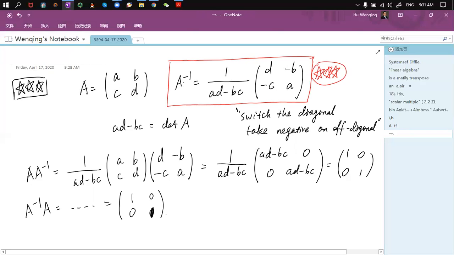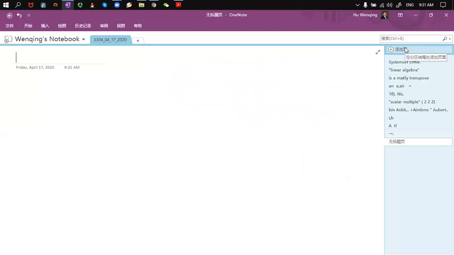It is reasonable that you just write down this formula. You don't have to explain it. But if you don't know this formula, it might take you a lot of time. So the very important thing is to memorize this formula, especially for your final exam.